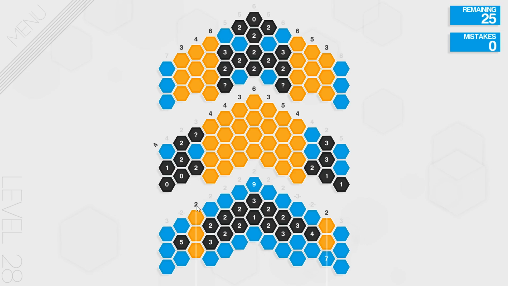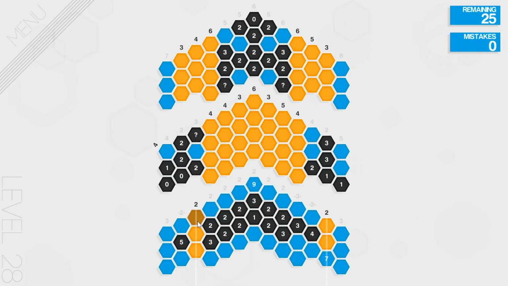Now, what's interesting here is this solution. If we put 1 here, this would be touching 3, and this would be touching 2. But we can't have that. It's just not acceptable, because we need 2 in this column.